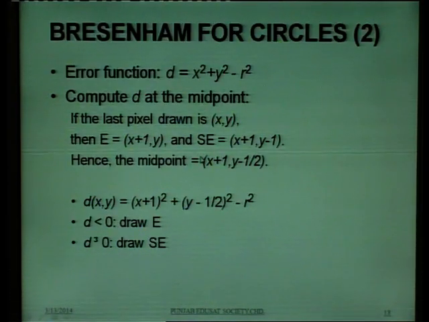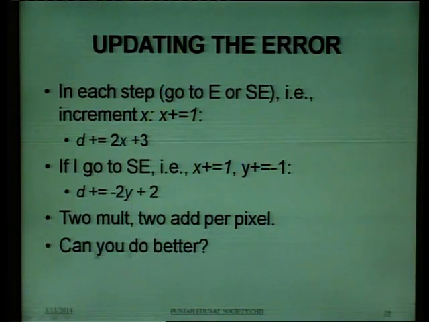Hence, the midpoint says the function is f of x plus 1 and y minus 0.5. So, to calculate d of x y, put the value of x here, put the value of y over here, then you will be finding the value of d. If it is less than 0, you can draw E. If it is greater than 0, you can draw the SE pixel.